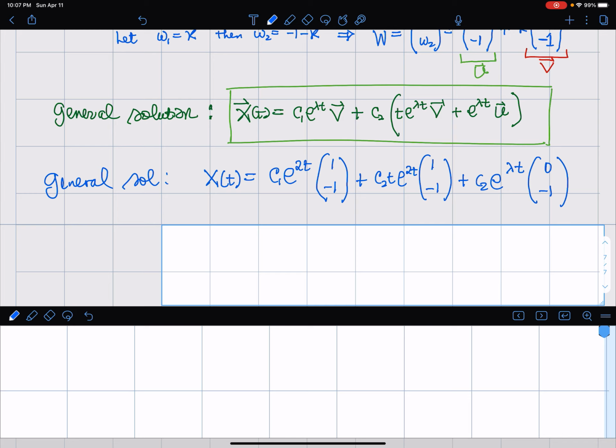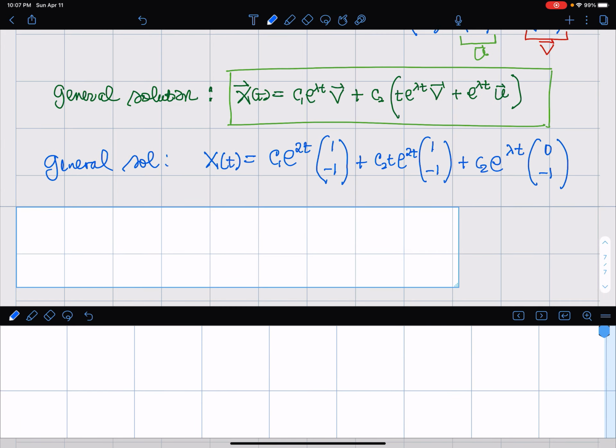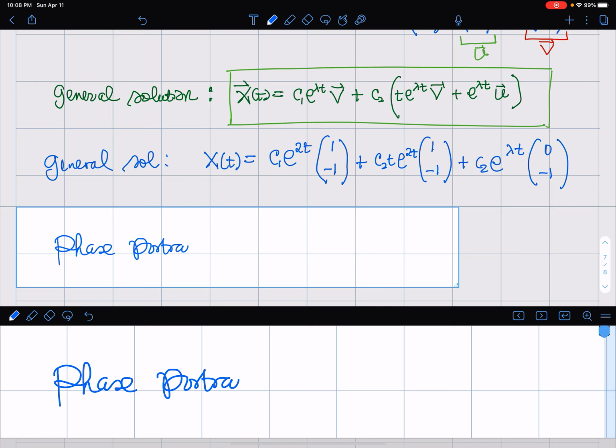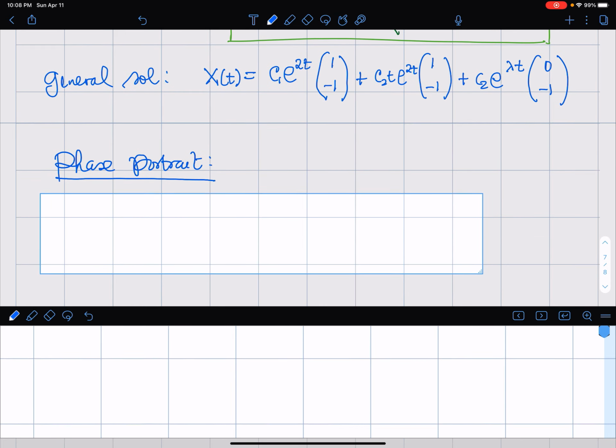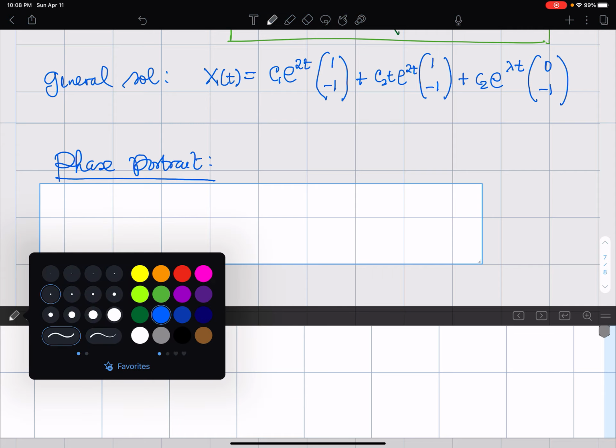All right. Let's try to get a phase portrait for this. What's our phase portrait going to look like? We're going to start with the eigenvector, the one eigenvector that we have.